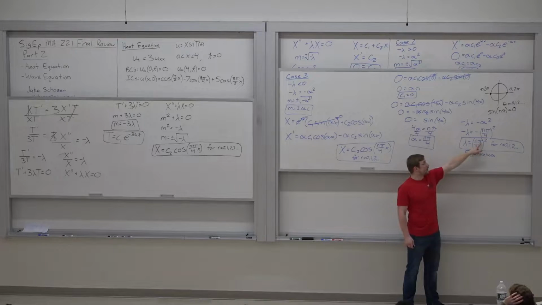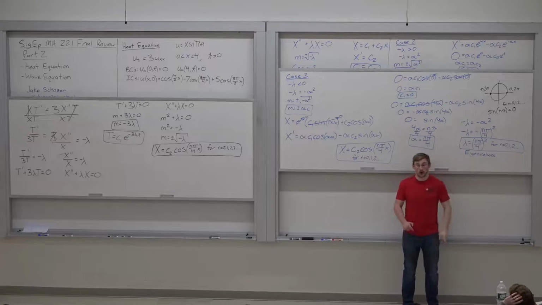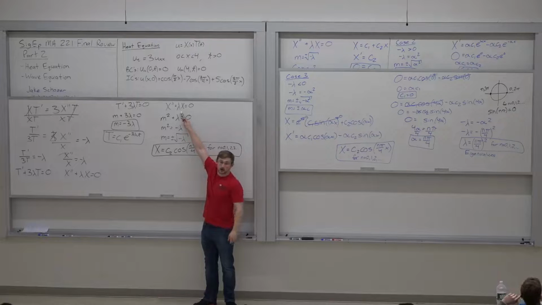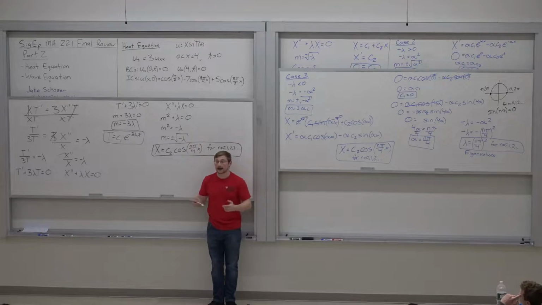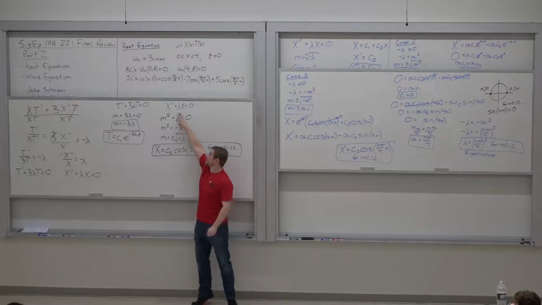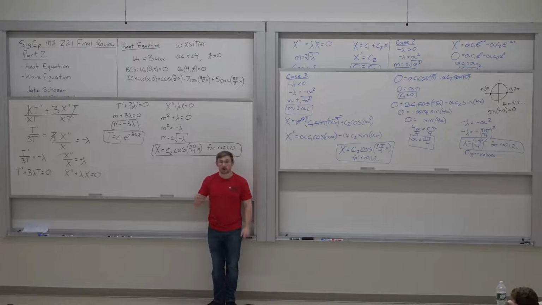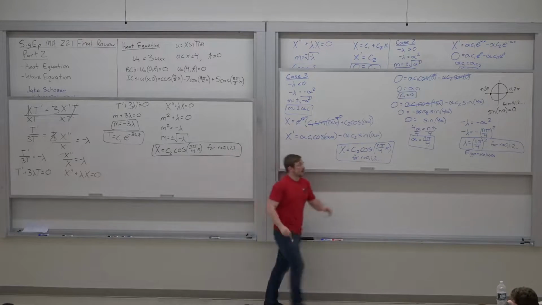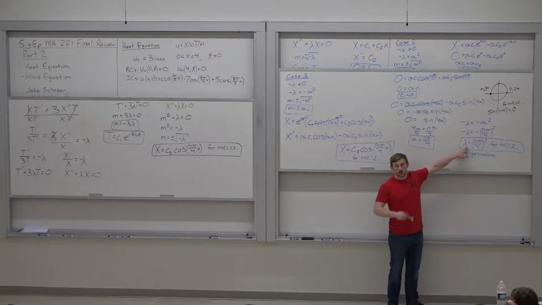If I were to take that value of pi over 4 squared and plug it into this differential equation, since I got an eigenvalue, it's saying you will get an answer if you plug in that value. You can't plug in any arbitrary number and get an answer, but these are the specific numbers that you can plug in to get an answer.